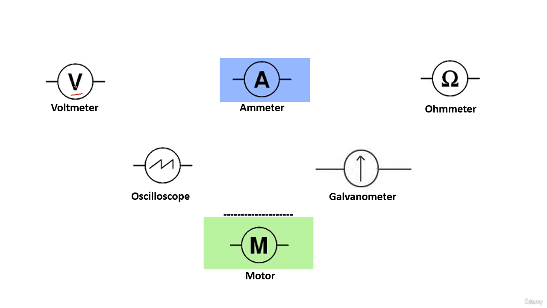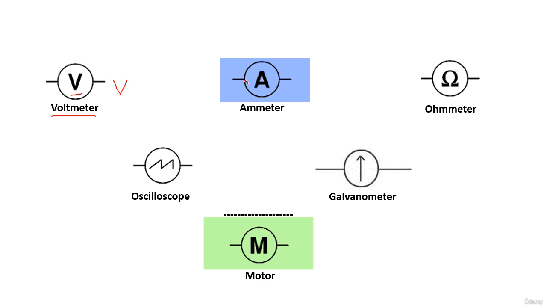We use this device to measure the voltage, but the multimeter is used to measure many units: voltage, currents, ohms, etc. But this symbol is just for the voltmeter. So to measure the voltage, V.